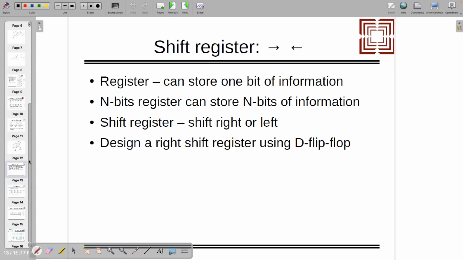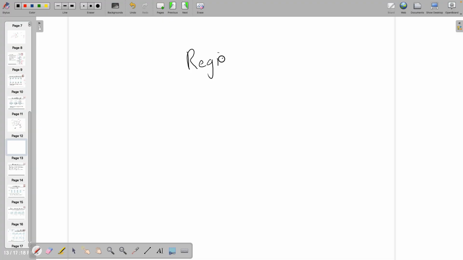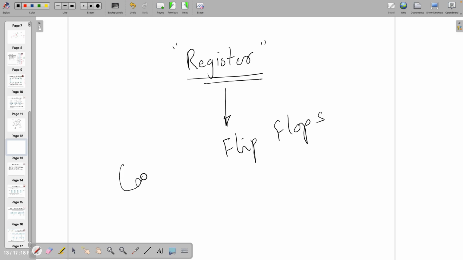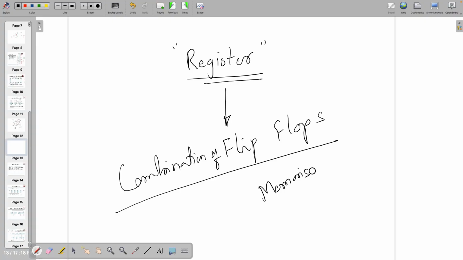Okay, nobody asked me the fundamental thing. What is the register? That was the title of the topic, right? So registers are also like flip-flops only, a combination of flip-flops which can memorize, right, or latch the input, latch the output, whatever way we want, whatever the sequence we want, we can design it.